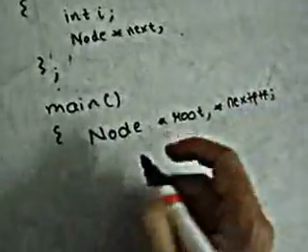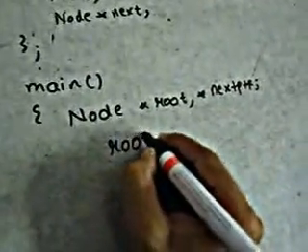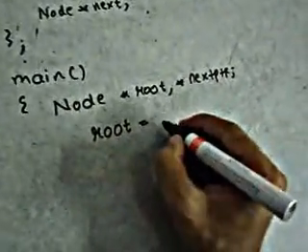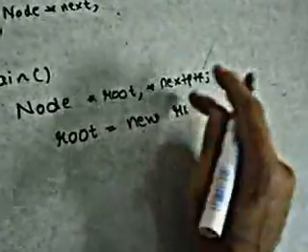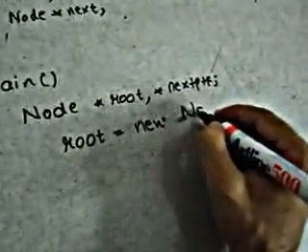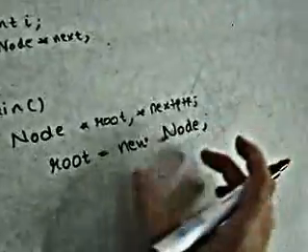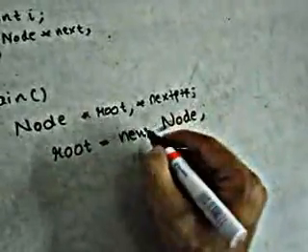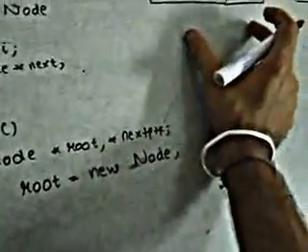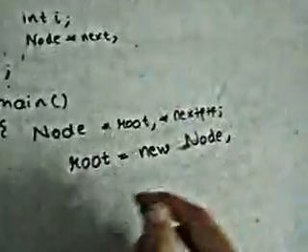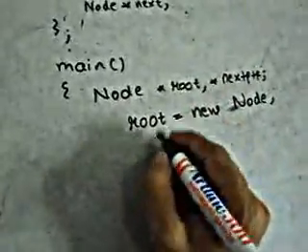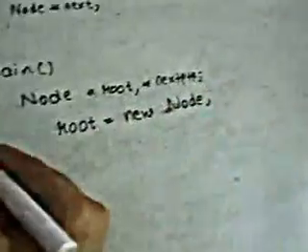So here what we have to do is root equal to new node. This will create a node in some memory location with the size, value and address. Now this value has to be preserved.